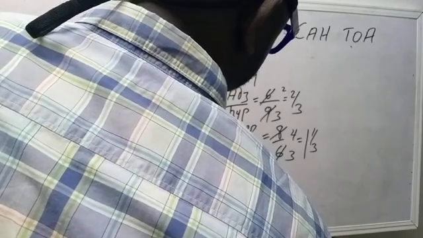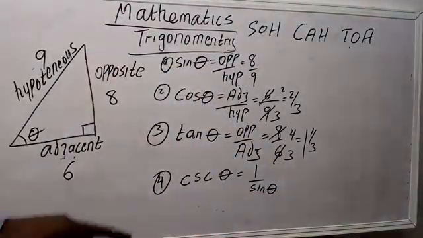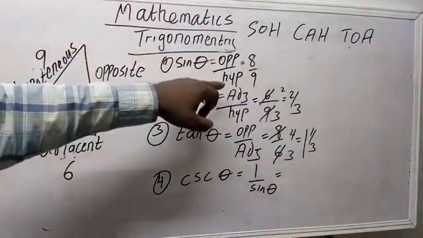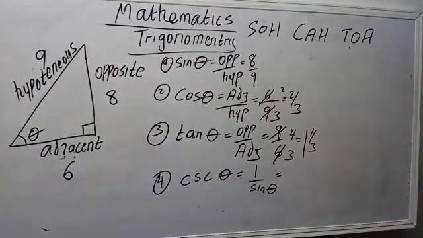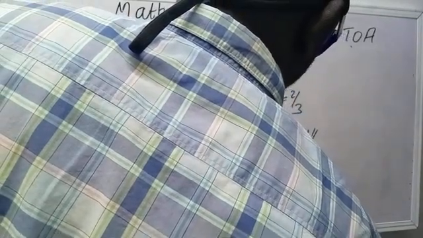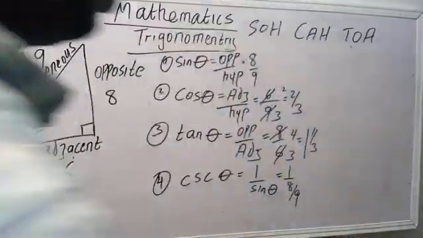Sine theta. From here, you notice that our sine theta is what? 8 over 9. 1 divided by 8 over 9.